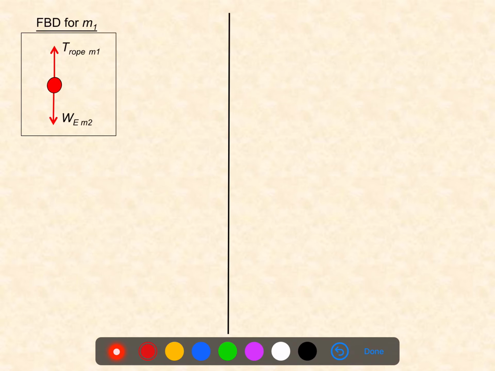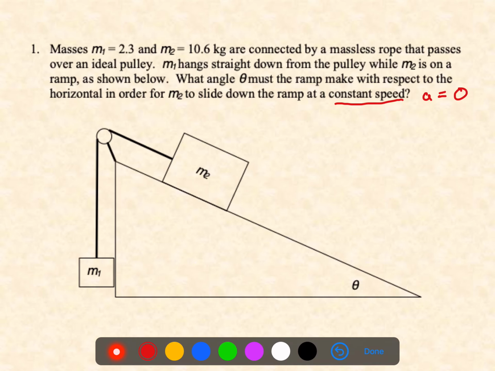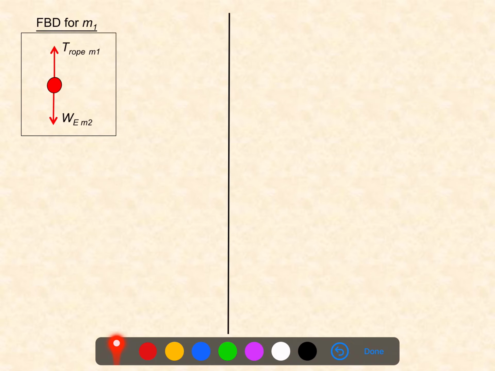Okay, so in order to do this, let's draw a free body diagram for each mass individually and see how they work together. So the free body diagram for mass 1, let's go back a second. Mass 1 is the one that's hanging here on the left-hand side. That free body diagram is relatively straightforward. We've just got the tension pulling up on the mass and the weight force pulling down.